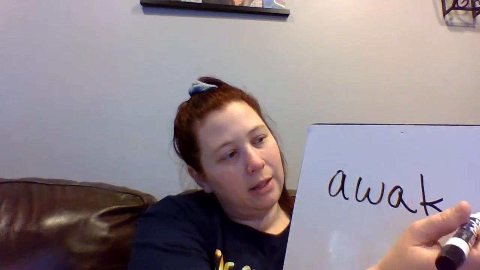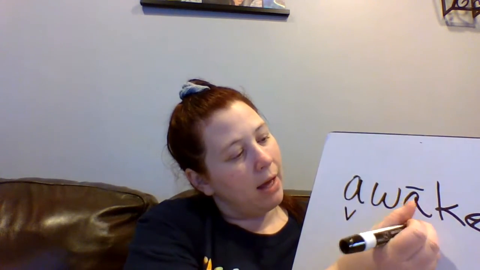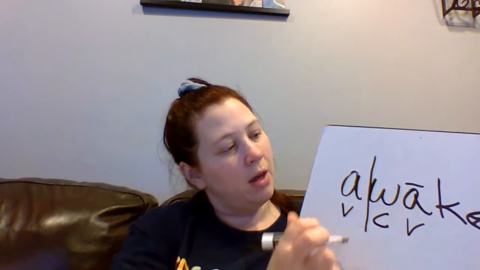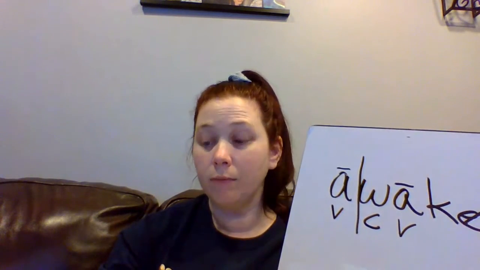Yes, we have a silent E, so we can cross that off and put our A there. Next, we'd find the vowel pattern and then divide the word into syllables. So here we have vowel, vowel, consonant. And then we know our rule where we draw our line here. And then wouldn't we put a macron there because it's the first syllable, right?